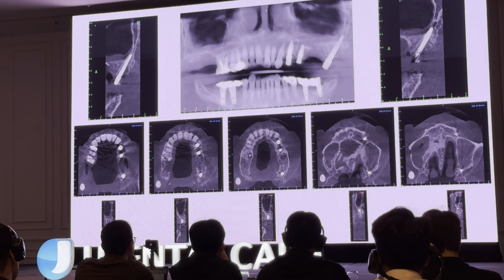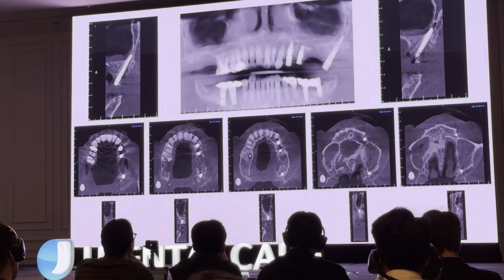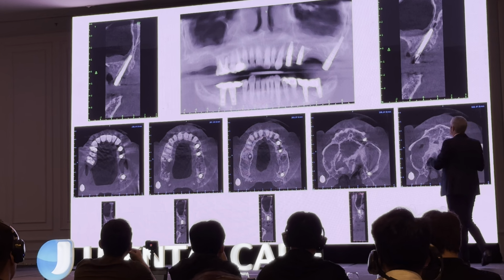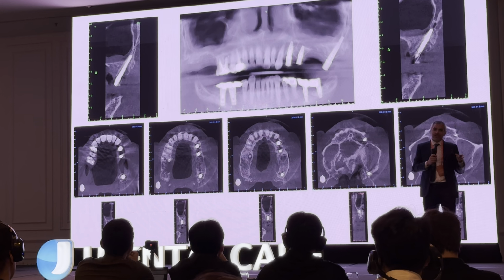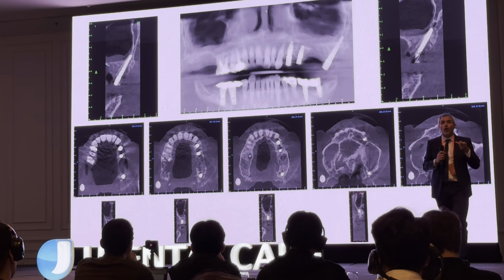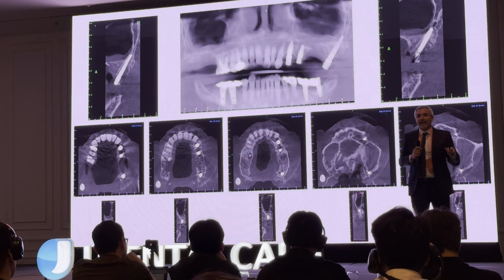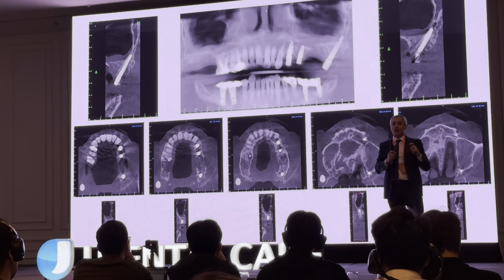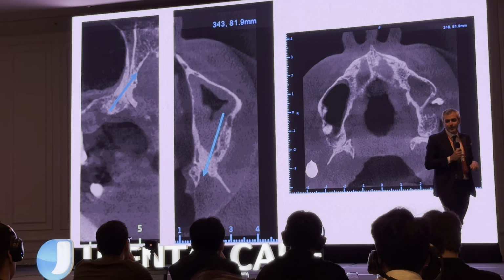Okay? And this is the final OPG with the final CBCT, because this was one of my first pterygoid implants, so I wanted always to check if the implant was in the right spot, in the right place or not. Okay?